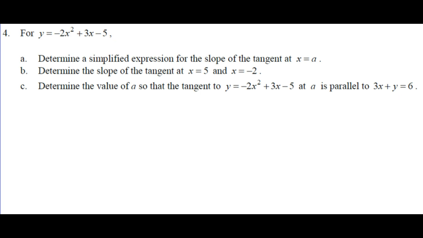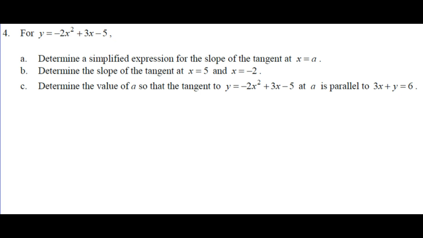So if you think about it, what would we have had to do? We'd have had to go through the whole formula once for x equals 5, and then once again for x equals negative 2. But instead, if we can get a simplified expression for that slope, then we can just throw in our a value and say, okay, when it's 5, what's the slope? When it's negative 2, what's the slope?